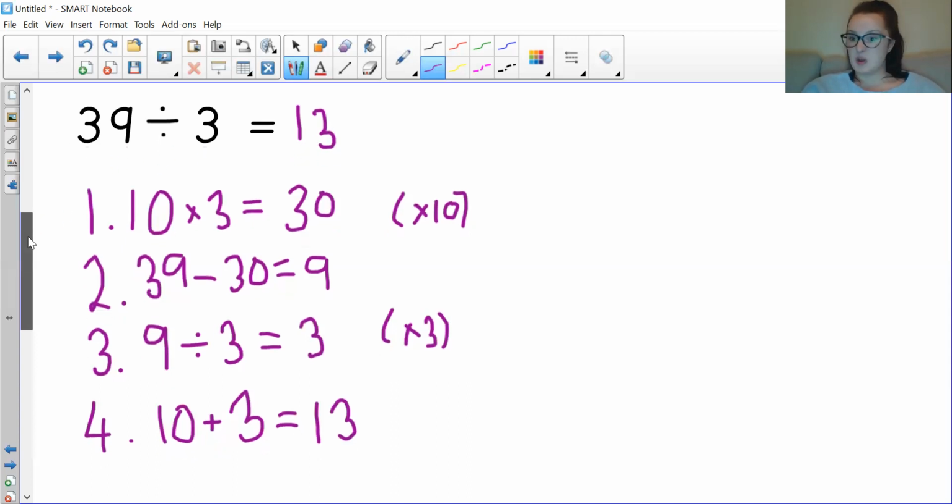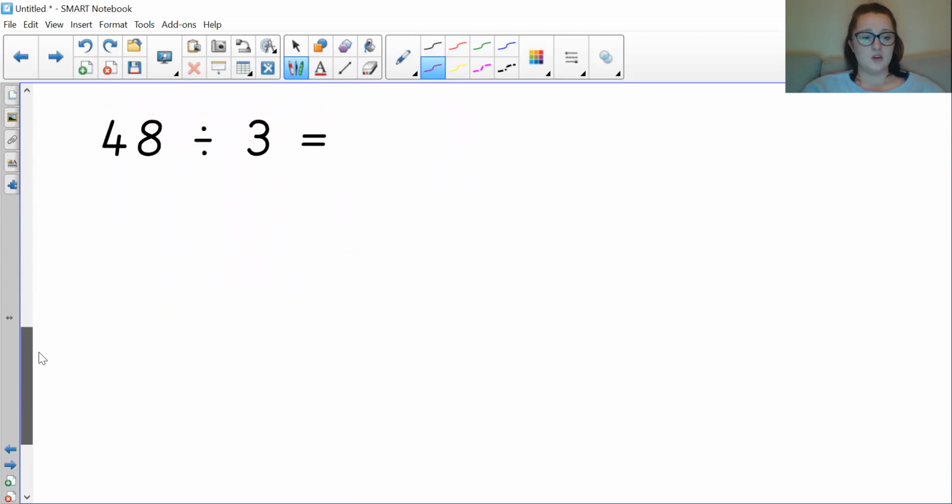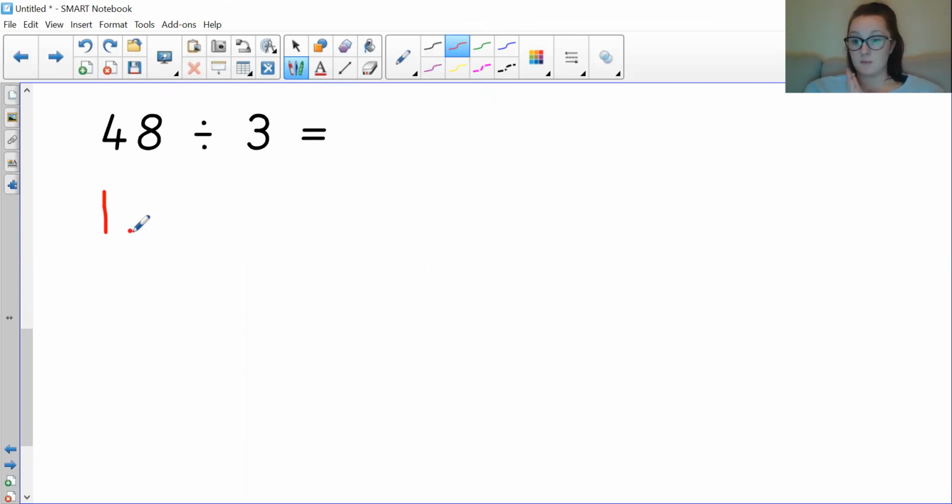Now, I'd like to try and work this one out with me, okay? So it's 48 divided by 3. So I'm going to get a different colour. Let's use red. So step number 1. Can you remember what we did? We got 10 lots of 3, didn't we? 10 groups of 3.